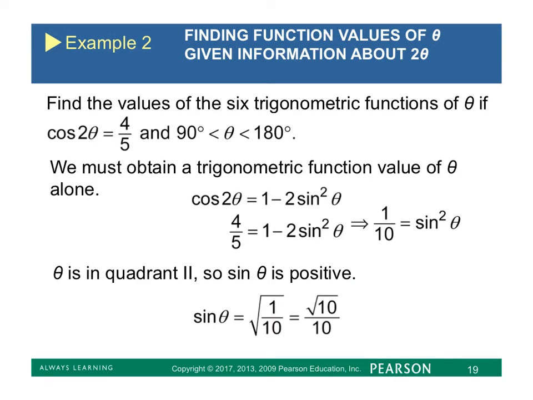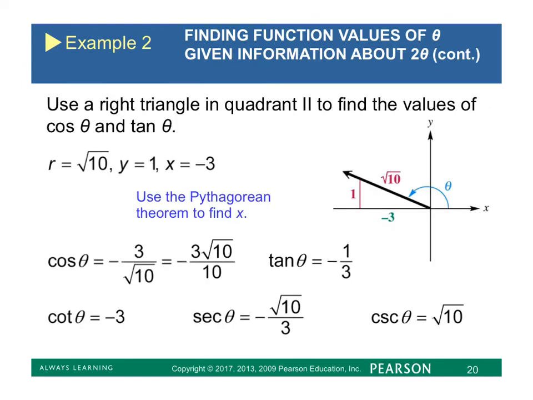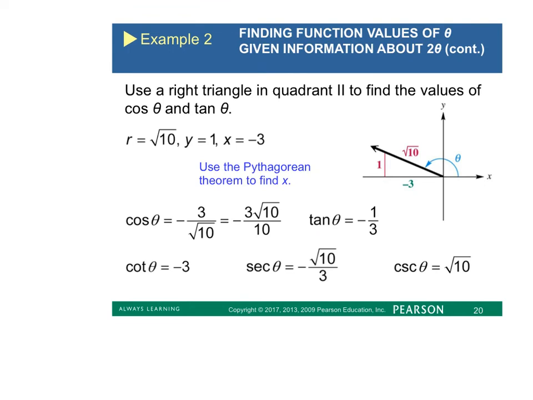Those answers look right. Sine of theta is square root of 10 over 10. Did I have that? All right, let's move on here. Negative 3 square root of 10 over 10, got it. And then have a tangent answer. Oh, he said negative 1/3.